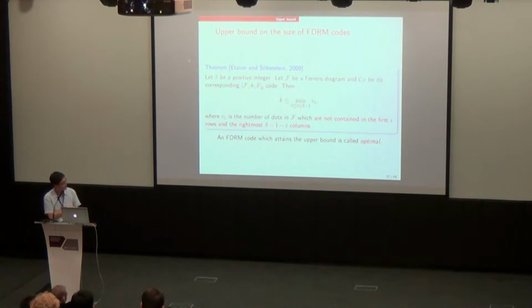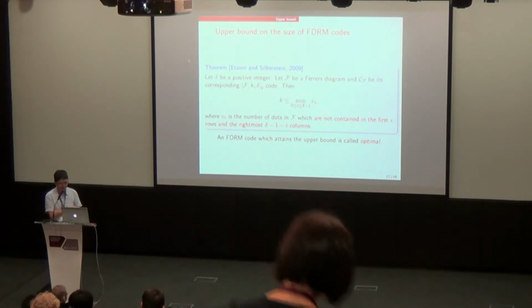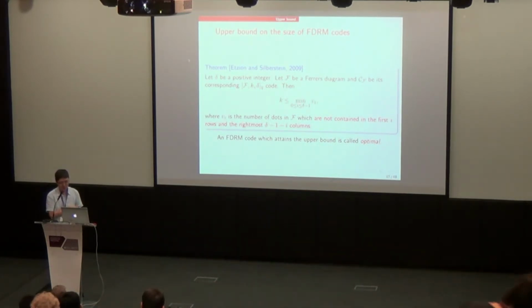Then the dimension k is smaller than or equal to the minimum value of v_i, i ranging from 0 to δ-1. Here v_i means the number of dots in F which are not contained in the first i rows and the rightmost δ-1-i columns. If an FDRM code attains this upper bound, it is called optimal.